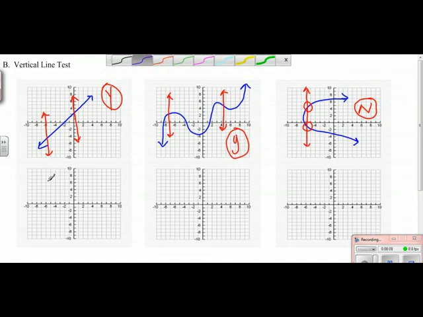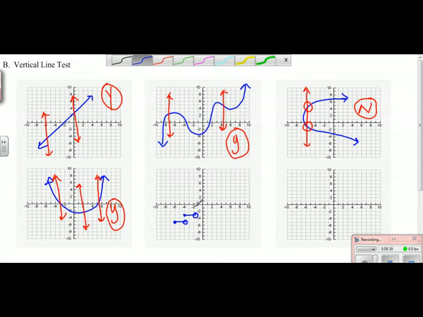But it's not just all curves, because some curves will pass the vertical line test. You see, if I come in here, wherever I draw vertical lines, I still only intersect in one spot, so that is a function. If you remember, we also have things called step functions, and they're cool graphs that look something like this.